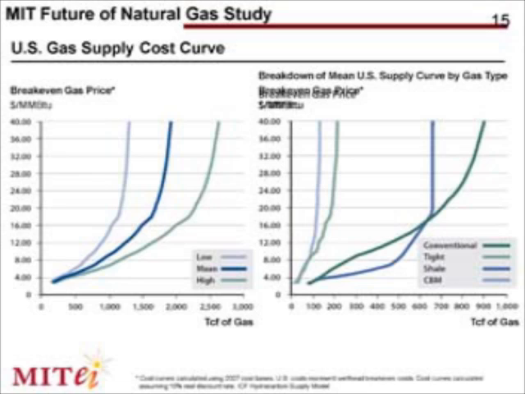There's a lot of gas. But on the right side of more interest, I think for this purpose, is to take the median or the mean cost curve on the left and decompose it into different sources of gas. And of course, the big news here, we all know it's big news, this is a quantitative statement of it. The big news is at the low prices, the low break-even prices, like $4, the shale gas is huge.